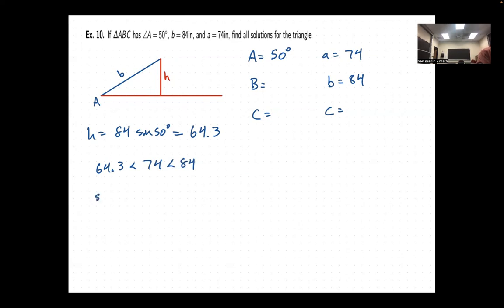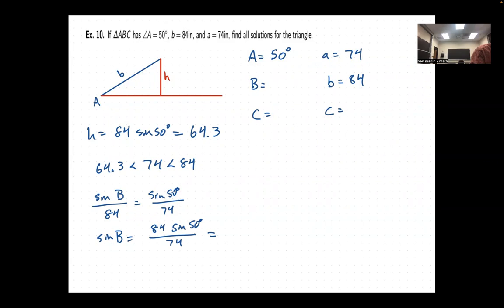Then we're going to go ahead and say the sine of B divided by 84 is equal to the sine of 50 divided by 74. Sine B is 84 sine 50 over 74. And I should do that right? Yeah. 84 times sine 50 divided by 74.